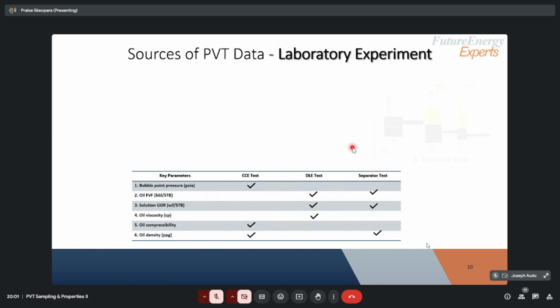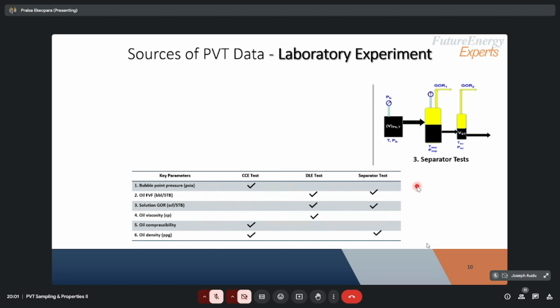Okay, then the last test that is still key is the separator test. So the separator test, in as much as it starts from the saturation point, has its own purpose, and its own purpose is that we are interested in determining the separators we are going to deploy for production from that reservoir.